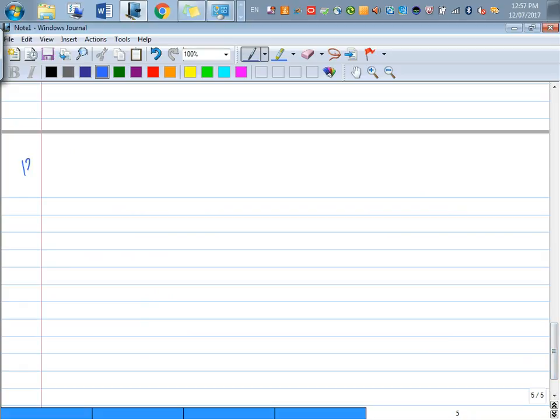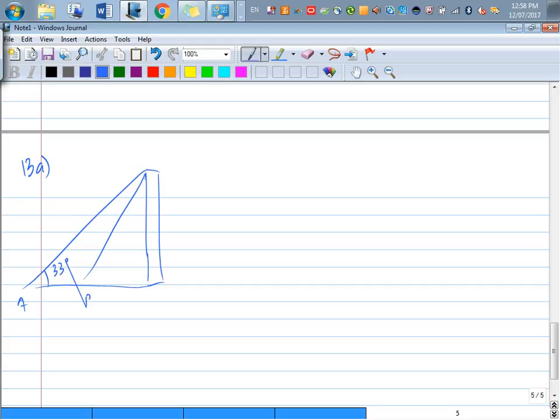Next is question number 13. We have a vertical building and there are two cars at A and at B. Of course, the building is vertical.